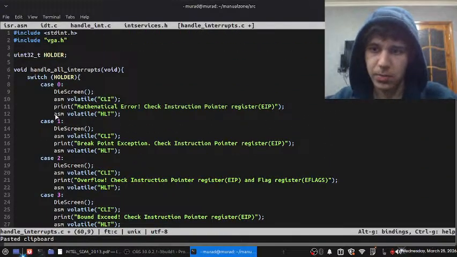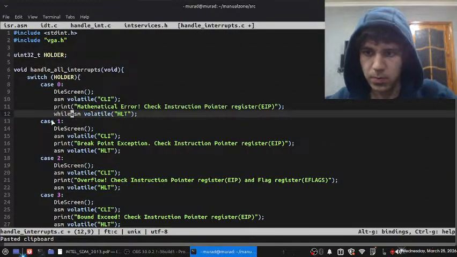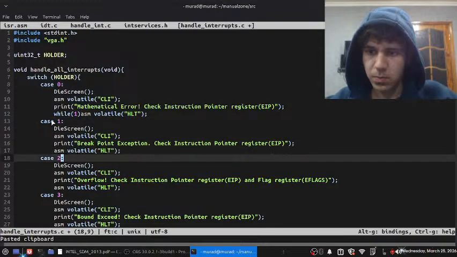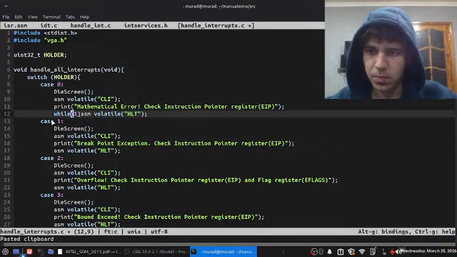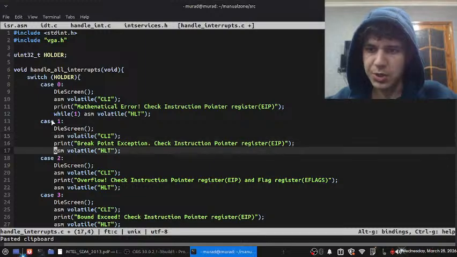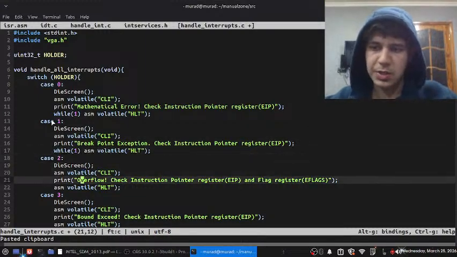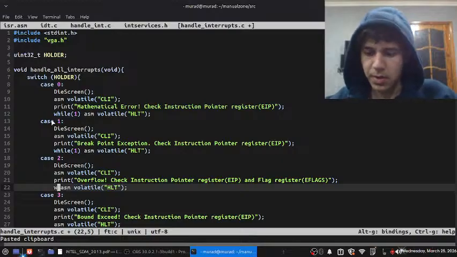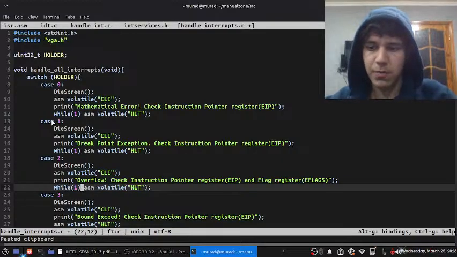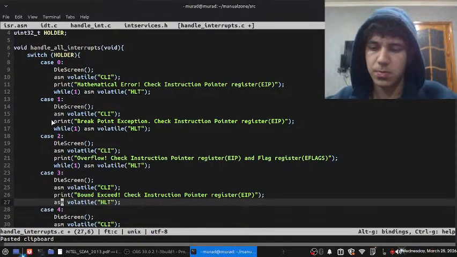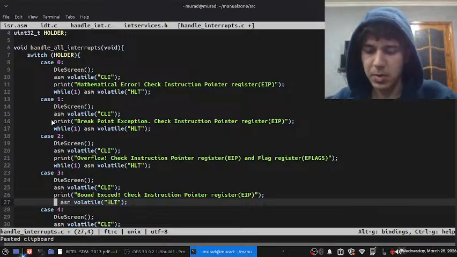While one. The C language says you can use the while without braces if you have only one line of code under a while loop. So I'm implementing this here.